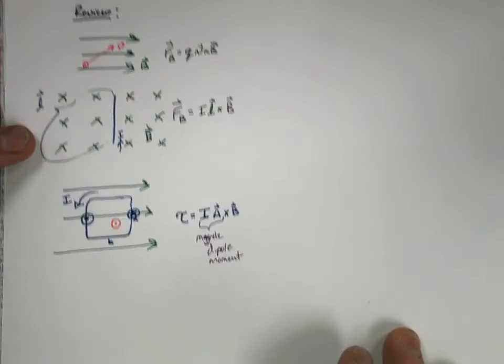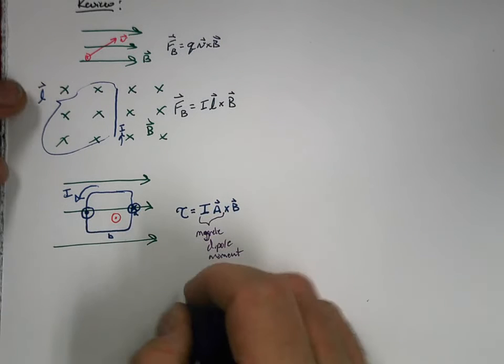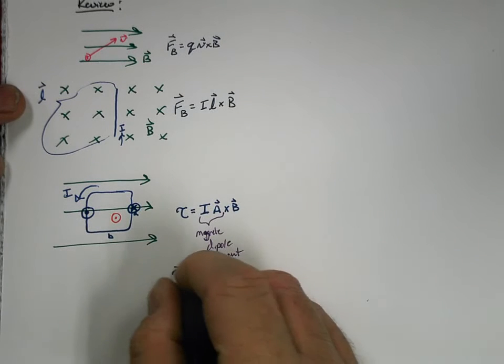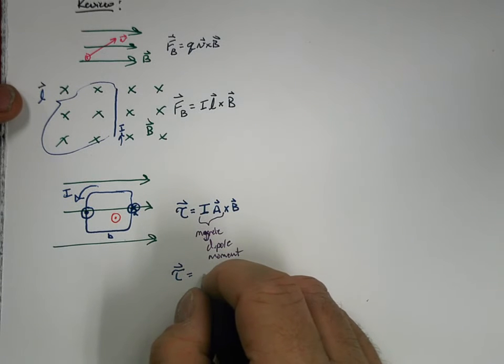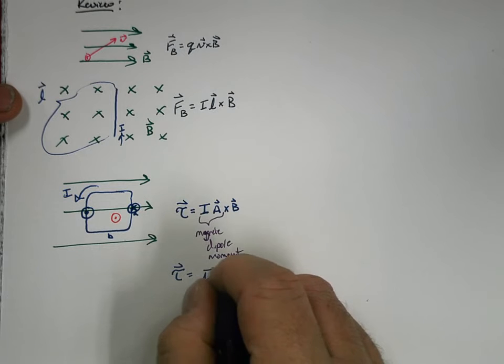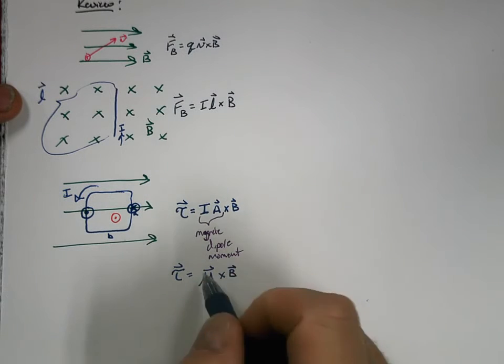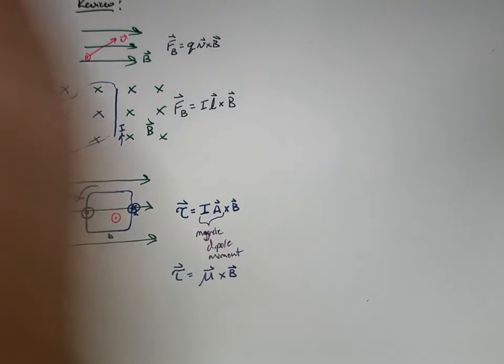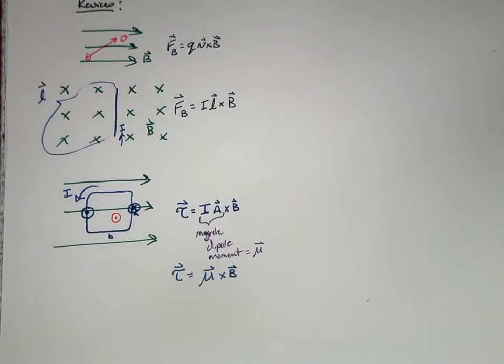That changes tau equal I A times B, so our torque equals mu cross B, because I A became our mu for the magnetic dipole moment.